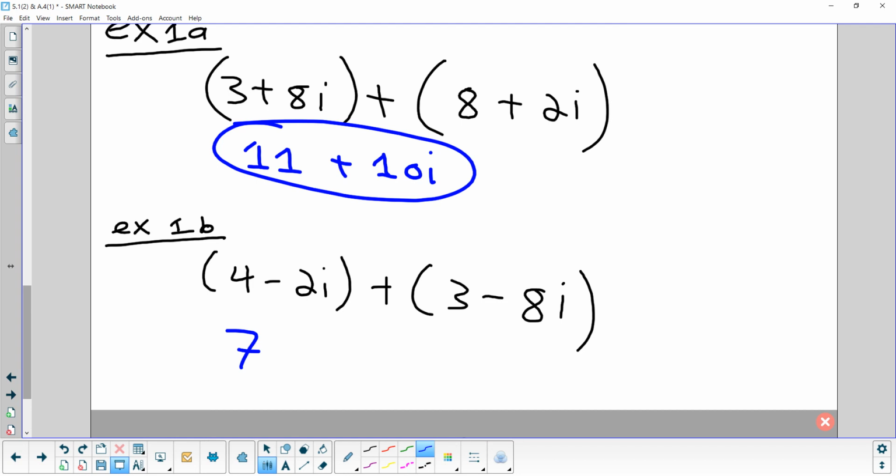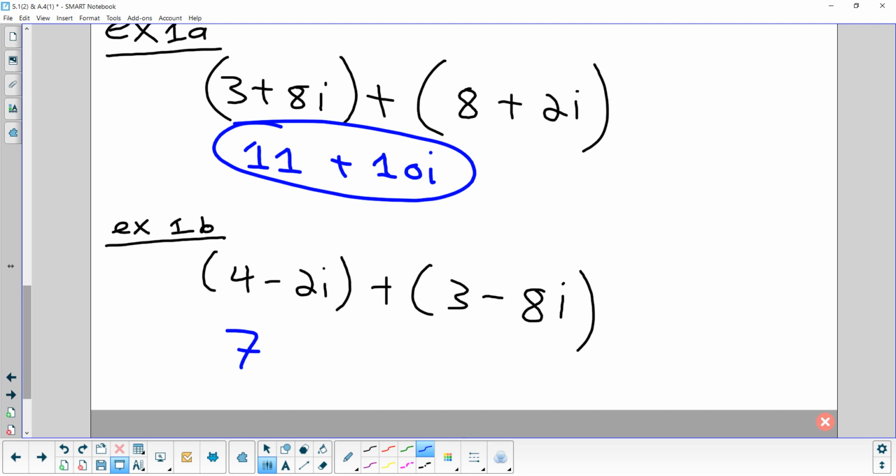Okay, what's my imaginary part in the first parentheses? Just imaginary. We're done. The 4 is all done. Negative 2i. And what about in the second parentheses? Negative 8. Yep. And now when you add those together, what do you get?